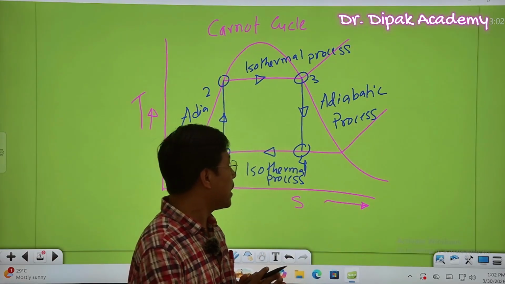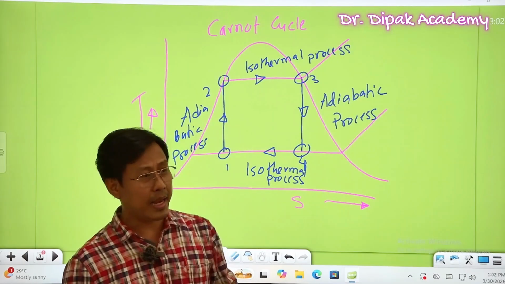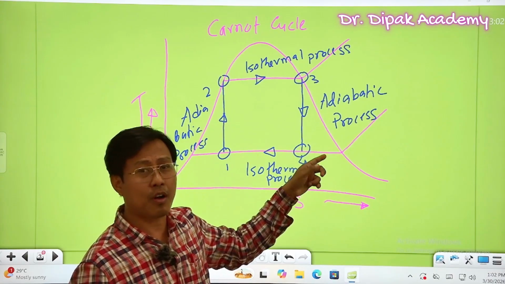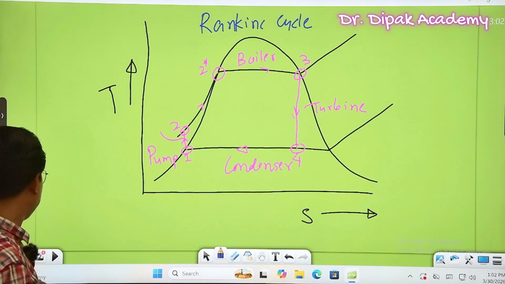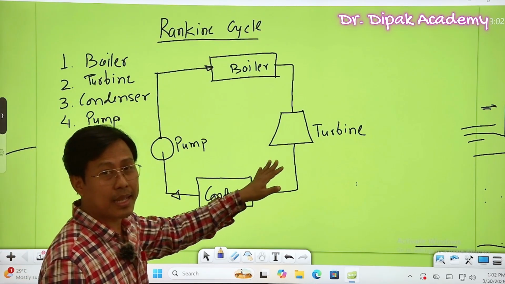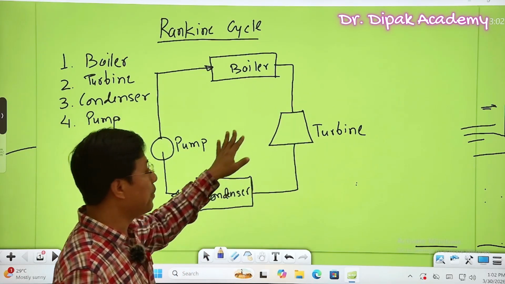I hope you have understood the basics of the Rankine cycle and how it is a modified version of the Carnot vapor cycle. We have learned the schematic diagram, how the Rankine cycle is carried out by using all these important machine parts.